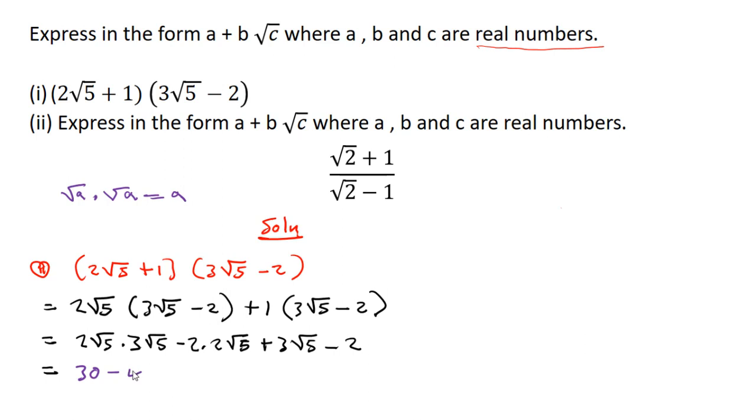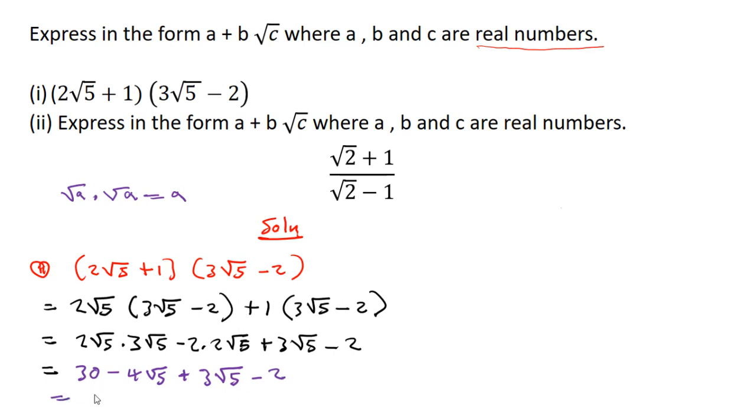Then there we're going to have negative 4 square root 5, because 2 times negative 2 times 2 is just negative 4, and the square root 5 stays. Then plus 3 square root 5, then minus 2.